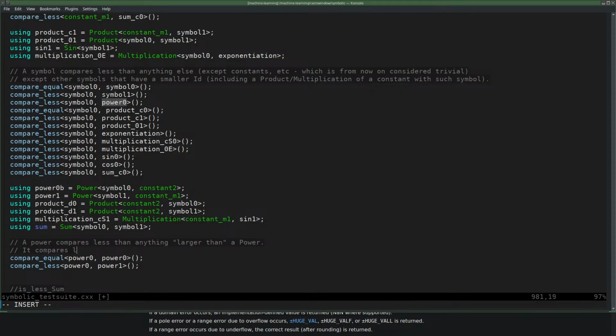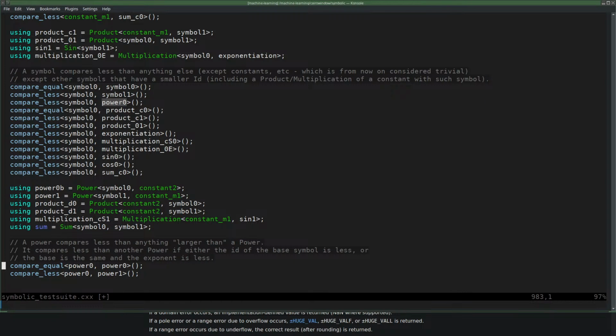It compares less than another power if either the ID of the base symbol is less, or the base is the same and the exponent is less.